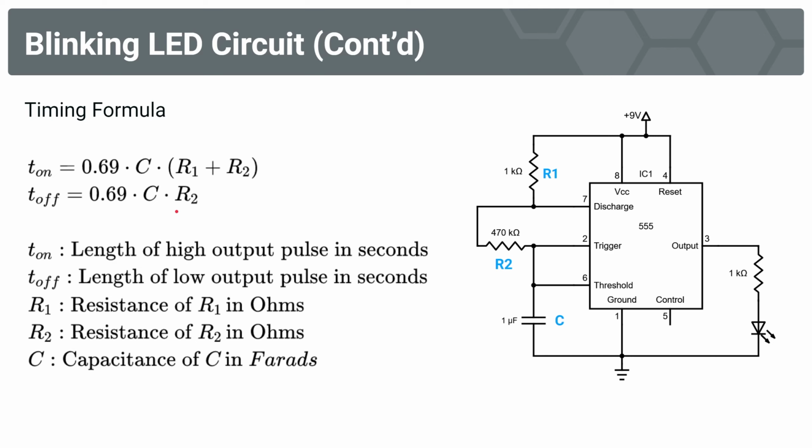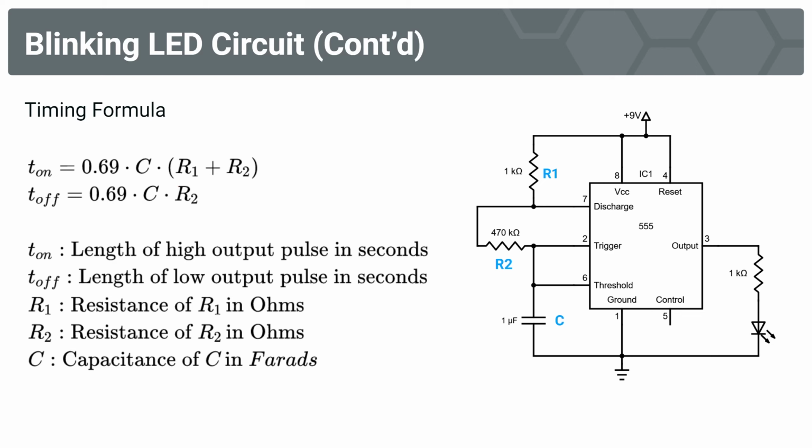We have a timing formula. This is, again, vaguely familiar. It changes slightly based on the construction of the 555 timer and where we place our resistors, but the essence of it is the same as our tau formula.